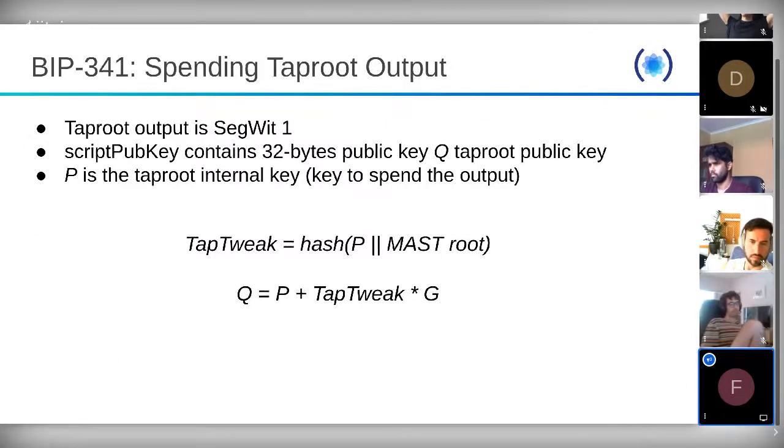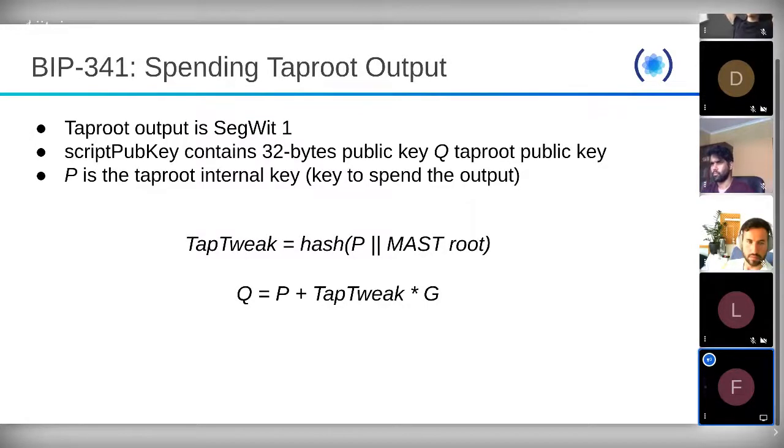So generally, spending a Taproot output. As we say, Taproot output is SegWit v1. It means that when you have a transaction that has a Taproot output, you can see directly it's a SegWit v1. Okay, so that's clear. In the scriptPubKey, you put a 32-byte public key Q, which is what we call the Taproot public key.